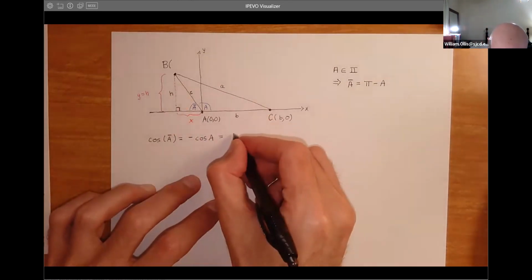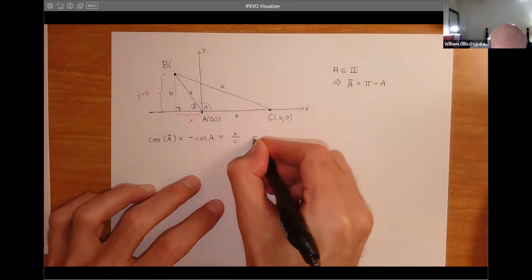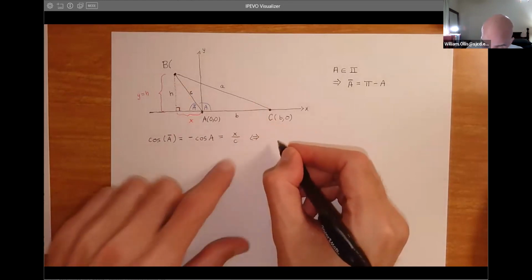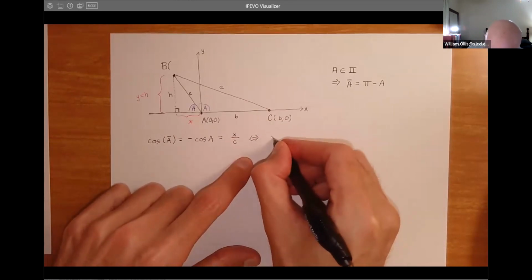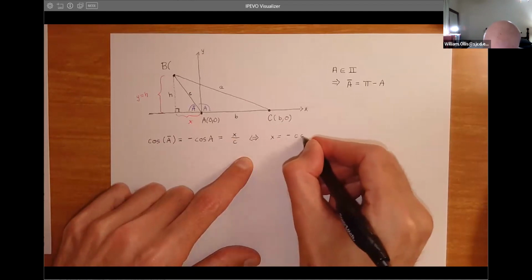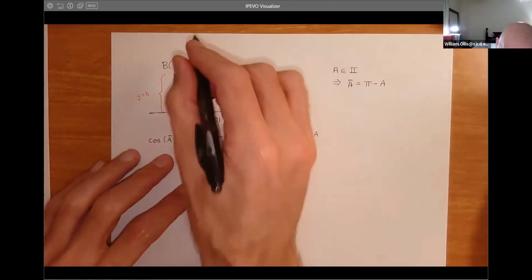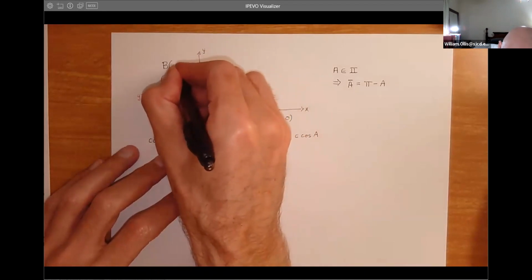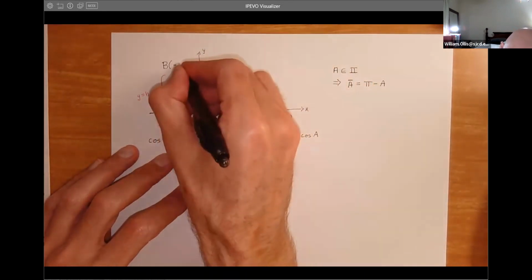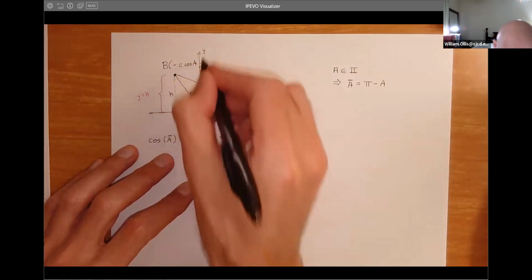So we get, in this case, x divided by c, if and only if, now we can solve for x. X equals the negative of c cosine A. So I'm going to go ahead and write that in right now. The negative of c cosine A. And then I'll put the comma here.